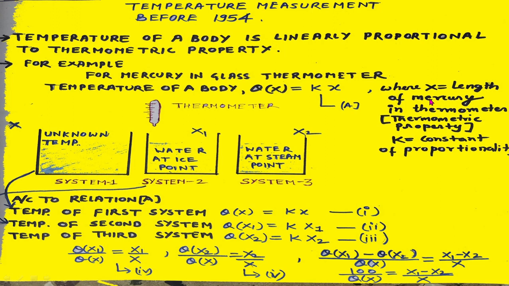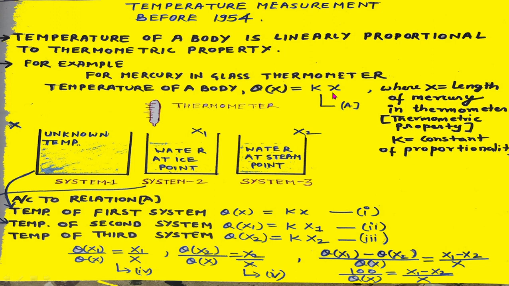So we can say that the temperature of a body measured by a thermometer, denoted by theta x, is equal to k times x, where k is the constant of proportionality and x is the thermometric property.